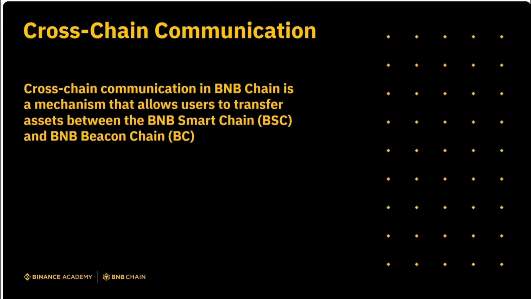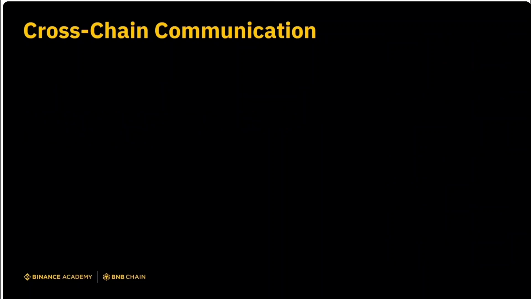This eliminates the need to create a new wallet or go through the hassle of moving assets back and forth between blockchains. Cross-chain communication is the fundamental basis for the community to make the most out of the dual chain structure.